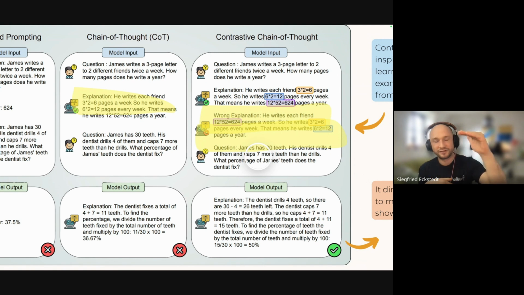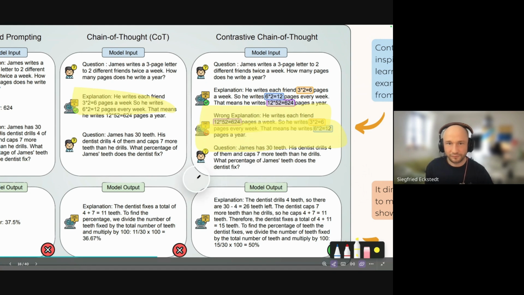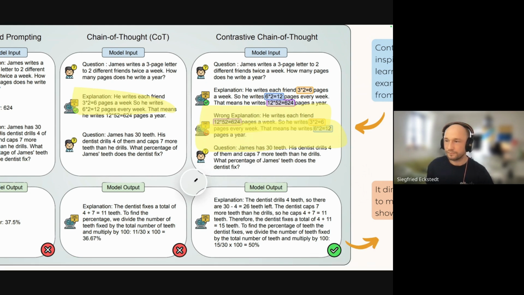You just reapply the structure, but you change information points, which allows you to highlight how you should not do it.